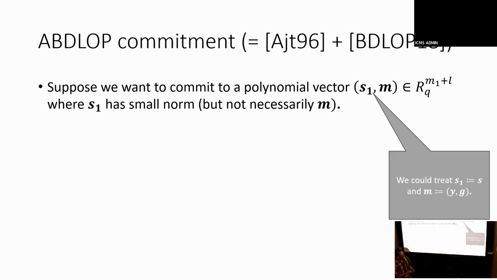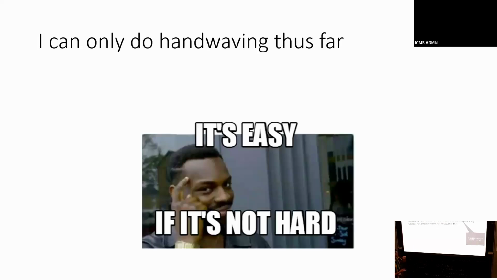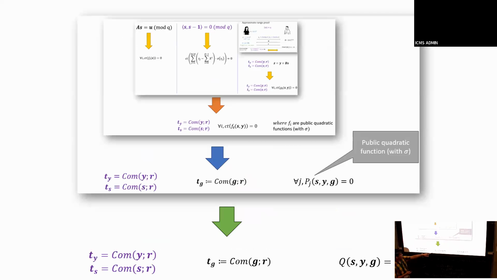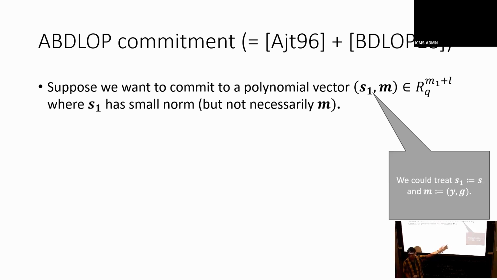The first one is S1, which is my S, the binary vector. And my M will be Y and G, which are somewhat irrelevant parts for me.